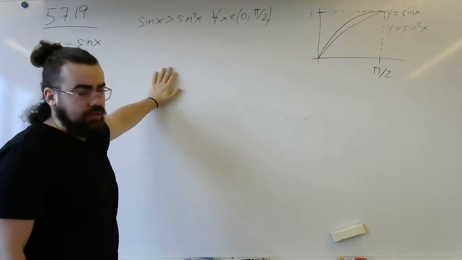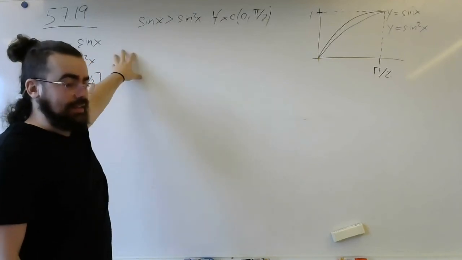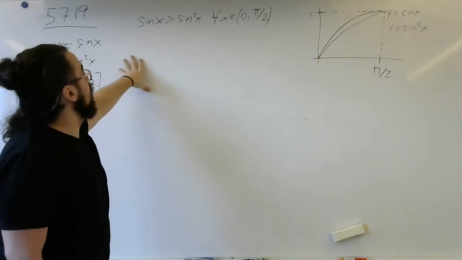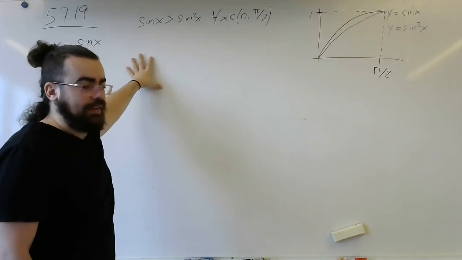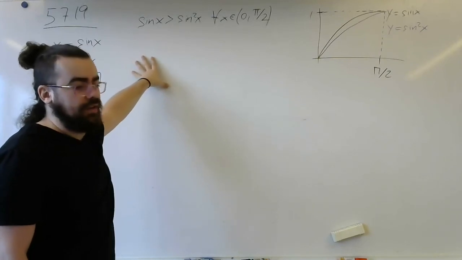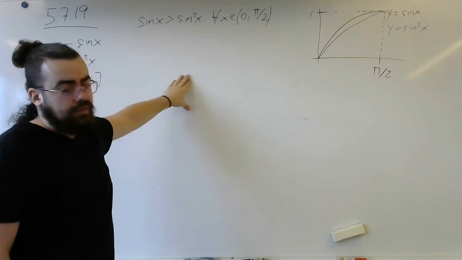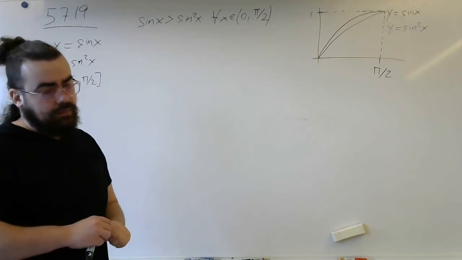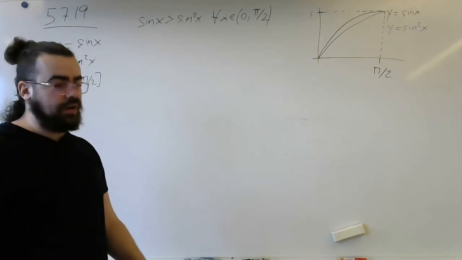I mean, the day of tomorrow, you might get to, I don't know, exam 2 and be asked this exercise. And if you don't know whether sine of x or sine squared of x is the greater function, you're not going to be able to solve this. So, fundamentals. When you insert the x values, you can see that the y value will be less for sine squared of x.